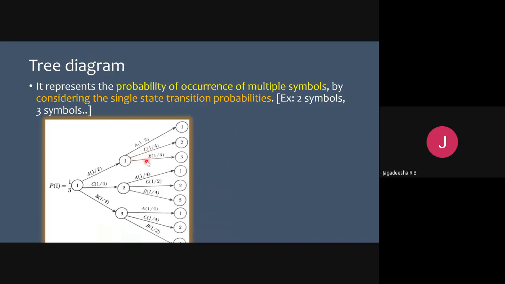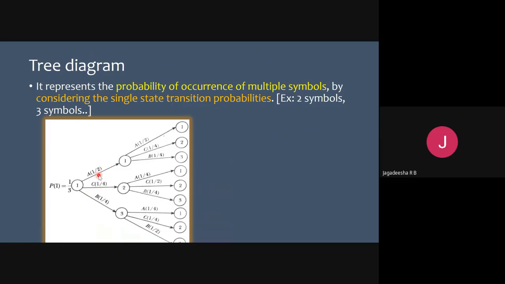From 1, if it emits B, then it goes to state 3. That is what is mentioned here, right? From state 1, what are the different possibilities? It can go to state 1 again, state 2, or state 3. And these are the symbols that are emitted, A, C, and B, as shown here. So basically, this is the repetition of this.